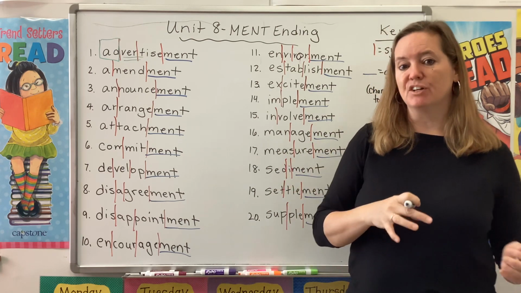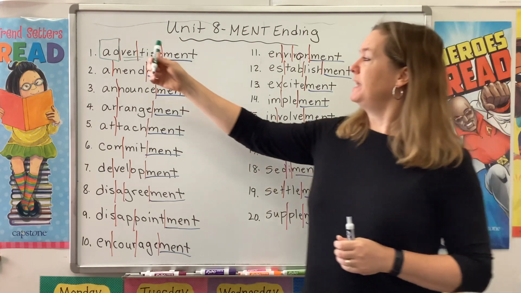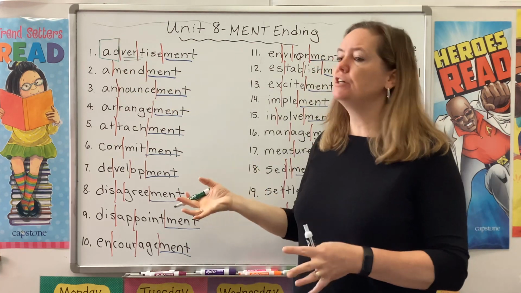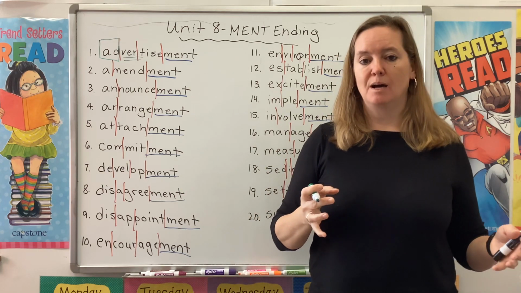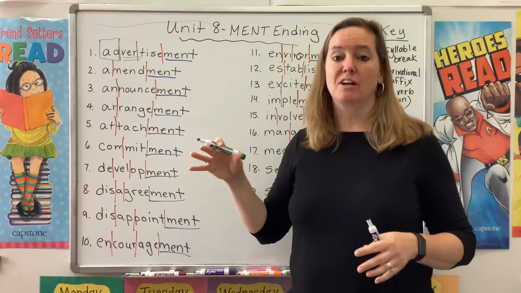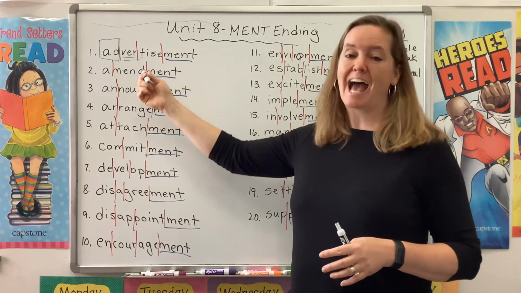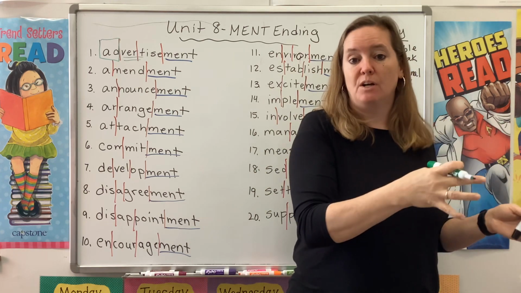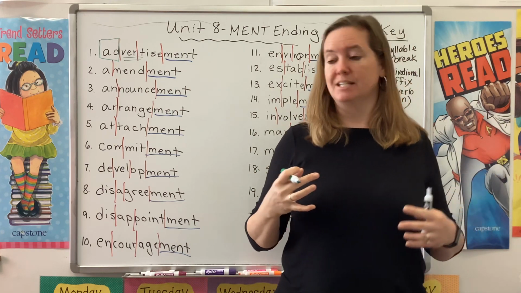Vertical, invert, reverse. So think about an advertisement. What does it do? It turns people towards a product, right? I wasn't even thirsty. I didn't want a Coke until I saw an advertisement, and that turned my attention towards the Coke, and now I'm really thirsty, right?